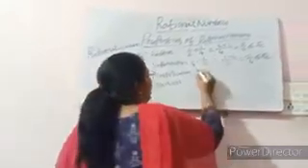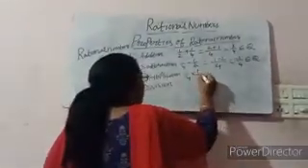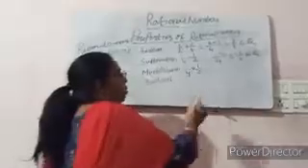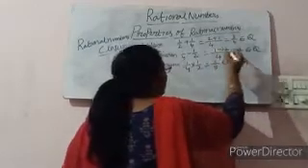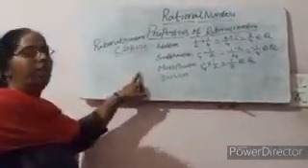Now multiplication, 1 by 4 into 1 by 2 is 1 by 8, which belongs to rational numbers, so multiplication is also closed.